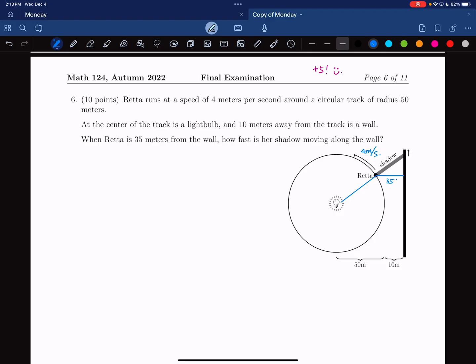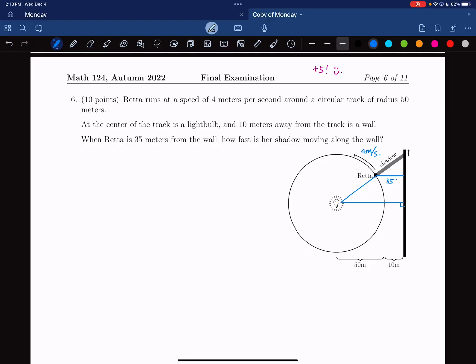It turns out in order to figure out what variable to assign, you have to draw some more lines. The line you have to draw is actually this line. I would like to draw a line connecting the center of the circle to the wall, a perpendicular line. The purpose of drawing this line is to give me a way to describe the shadow.